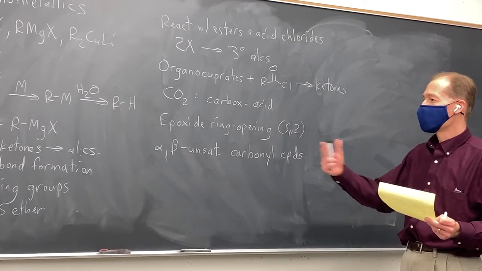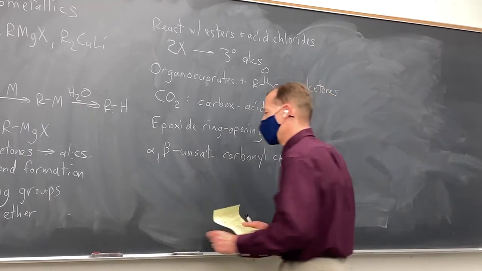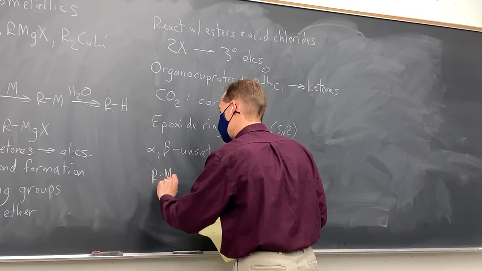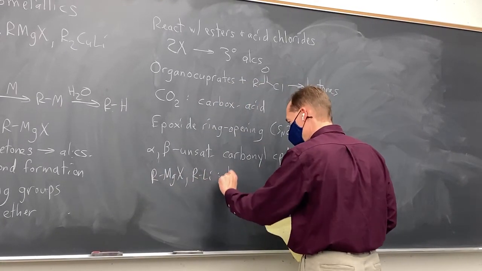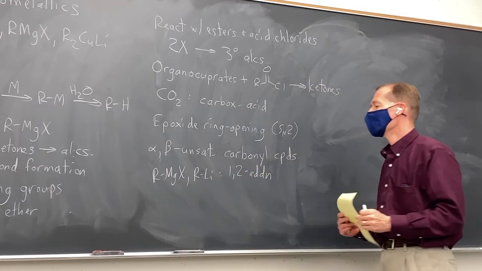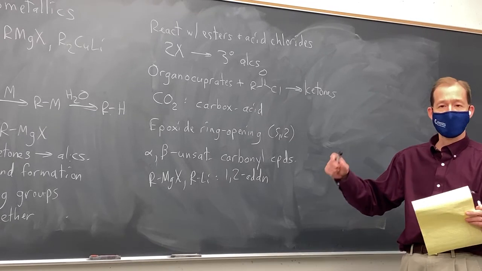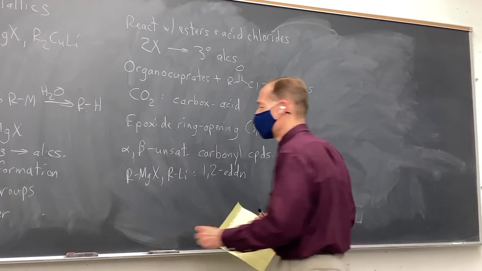So they could react with our organometallics at either of those sites. And we learned that the Grignard reagents and the organolithiums undergo what we referred to as 1,2 addition. They will add to the carbonyl carbon, generating allylic alcohols as the product.